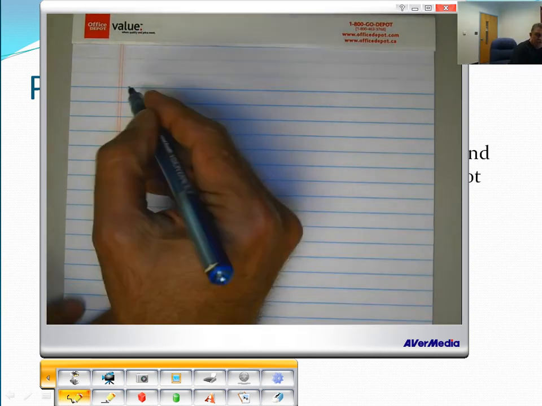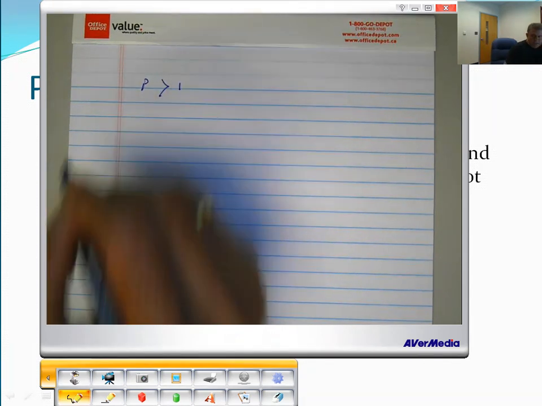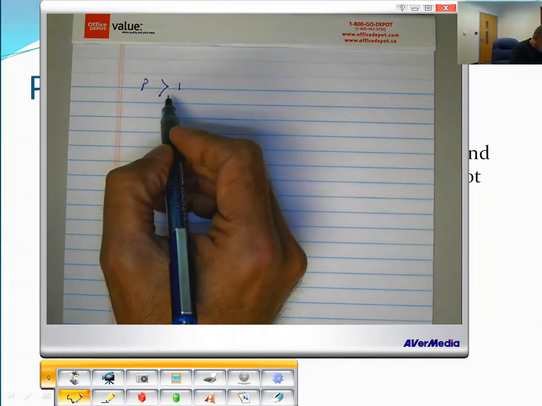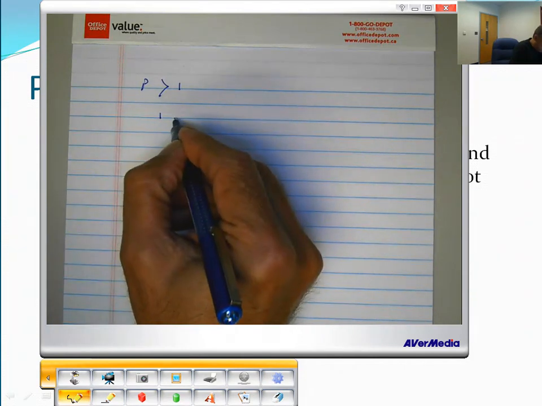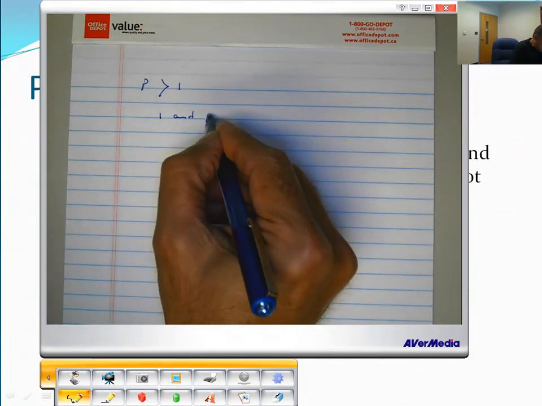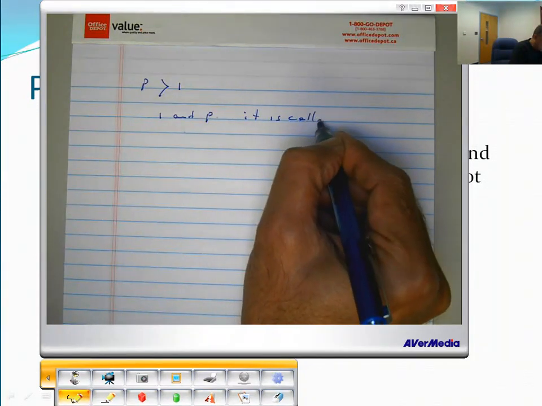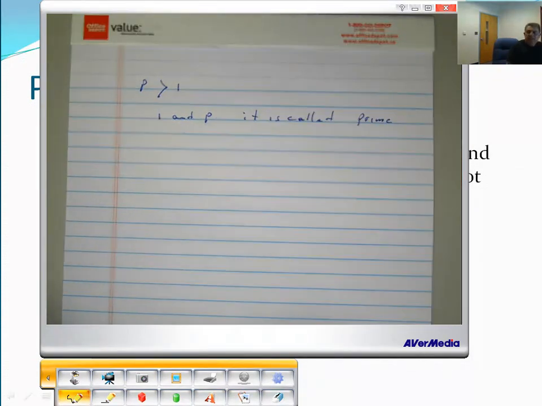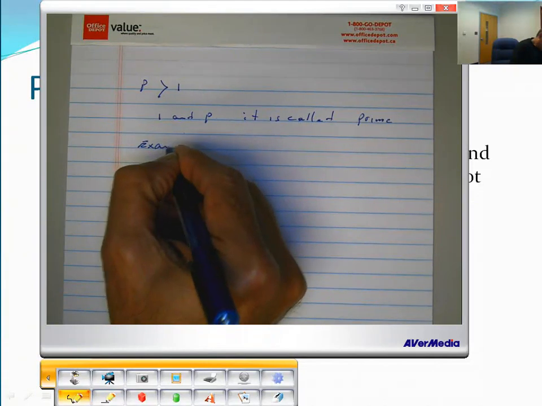You're saying any integer p that is greater than 1 and is divisible by 1 and p itself is called a prime number. Let's take a look at an example.